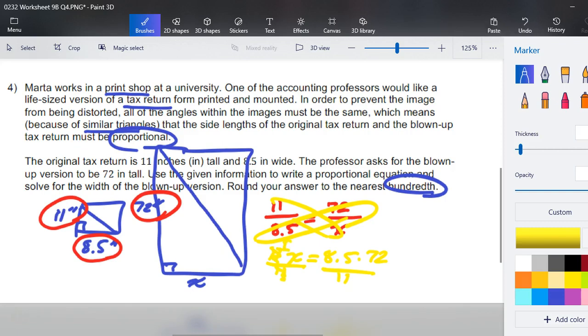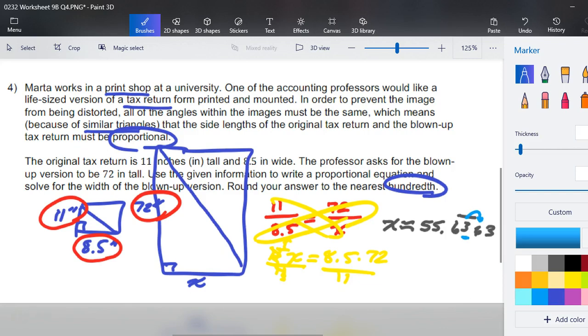So I'm going to grab my calculator. I hit clear a couple of times and then do 8.5 times 72 equals, divided by 11 equals, and I'm getting as an x about 55.636363. If they want us to round to the nearest hundredth, my hundredth is right there.